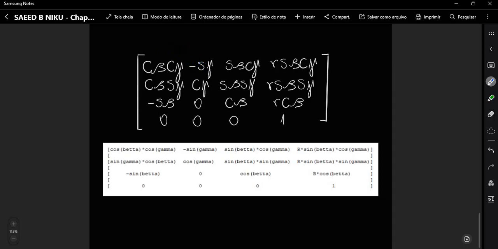And let's compare each element. This one is correct. This one is correct. This one is correct. Correct. Correct. Okay, that's perfect. They are all correct.